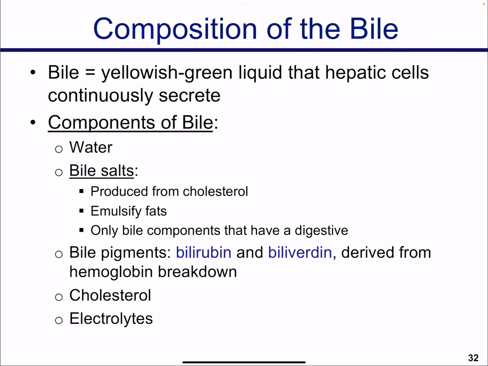All right? Now, let's take a look at the bile salt. The bile salt, it's a mix of salt that are going to contribute in the digestion of lipid. Specifically, from cholesterol, some salt are going to be produced that are going to emulsify fat.